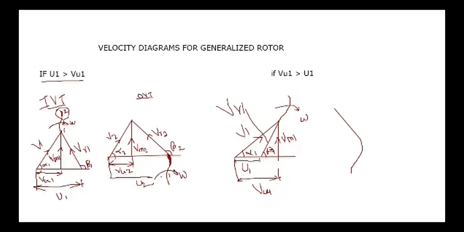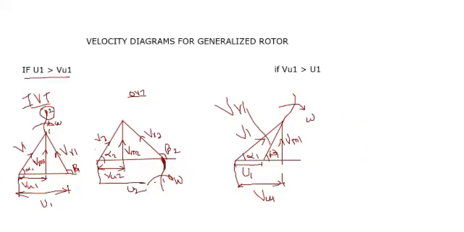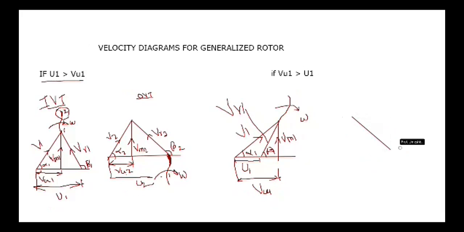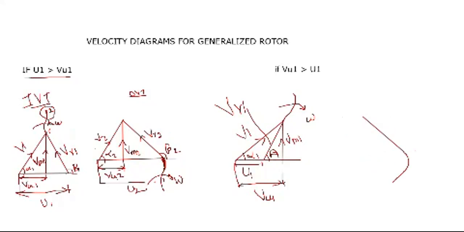This will be the VR2, omega, and then the V2 rotation in this direction. Okay, this will be the V2 here somewhere.